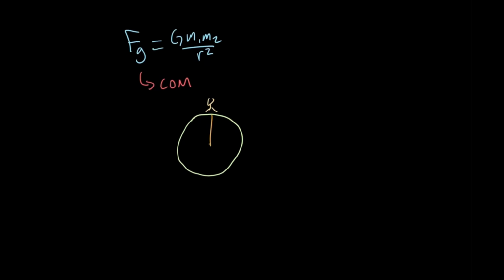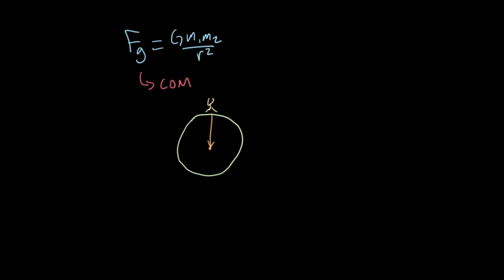The Fg is going to point down towards the center of the mass of the planet, and that is the Fg of the Earth acting on the person. Of course, every object exerts some gravitational force, but in most cases it's negligible. I, in my chair, am not exerting a great gravitational force on the Earth.